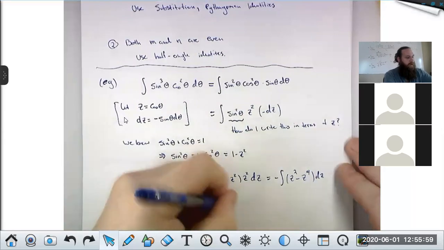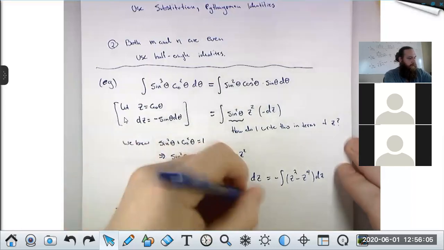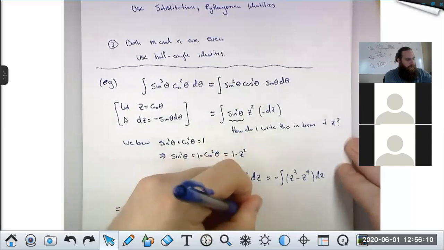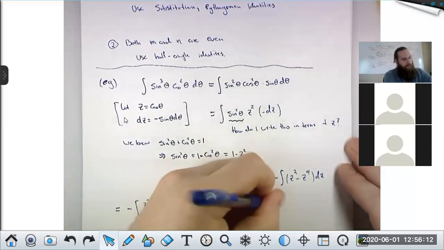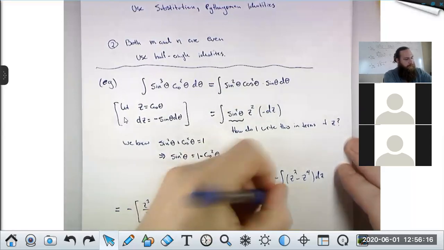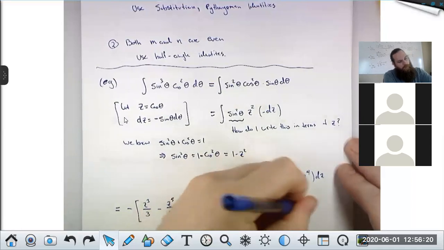And that's negative, I'll distribute my negative now and replace z by what it is, cos theta. So that's negative cos cubed theta over 3 plus cos to the 5 theta over 5 plus c.